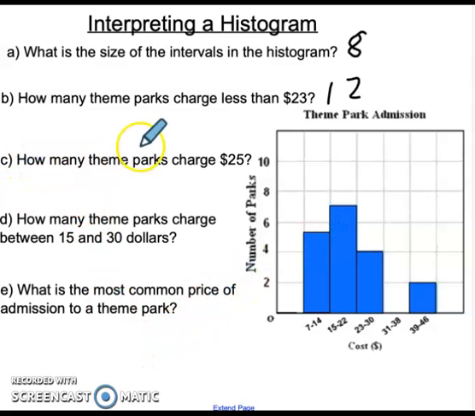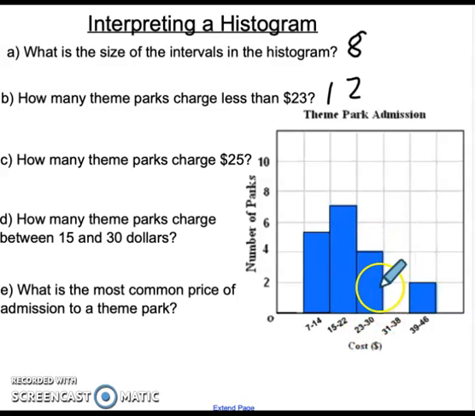Okay, the next question, how many theme parks charge $25? This is an example of a question I cannot answer, because 25 would be in this category. So if any parks charge $25, they would fall in this range. But I don't know the exact number, so I don't know if any of these are 25.